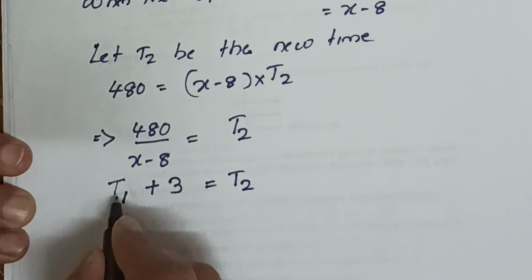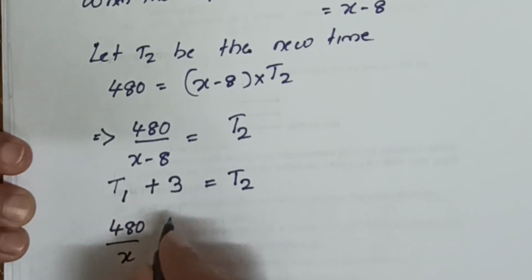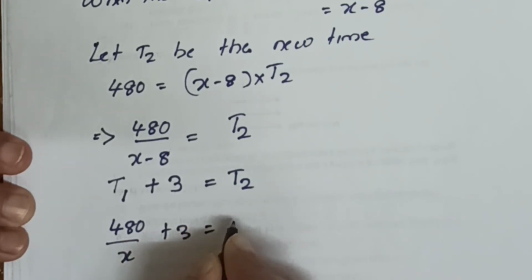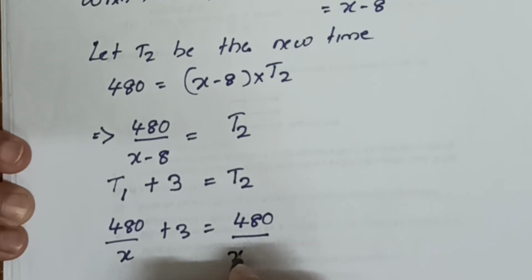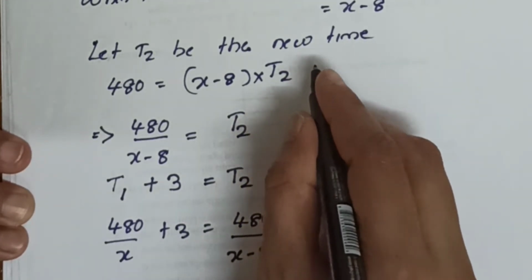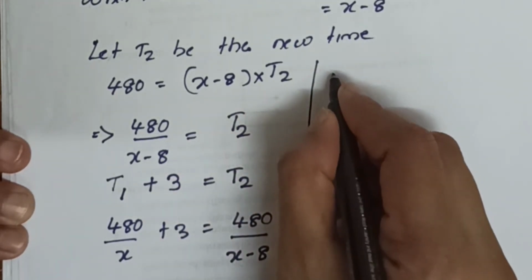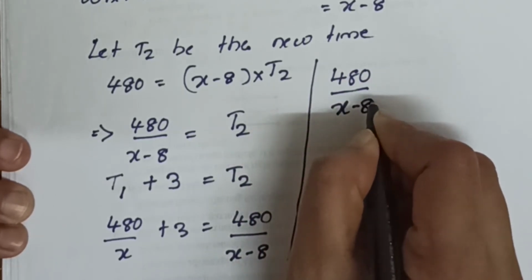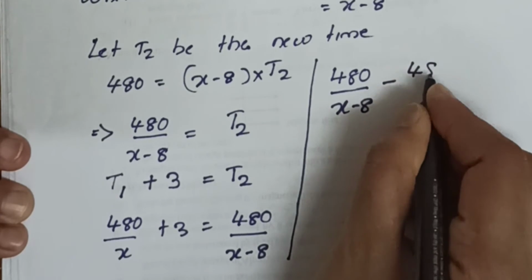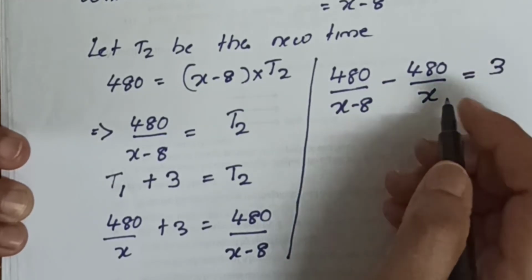So, what is t1? t1 is 480 by x, and plus 3 is equal to t2, which is 480 by x minus 8. Now, we have to bring everything to one side. So, 480 by x minus 8 minus 480 by x is equal to 3.